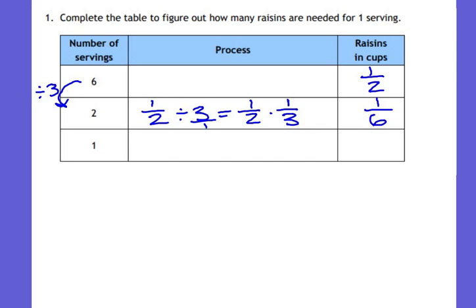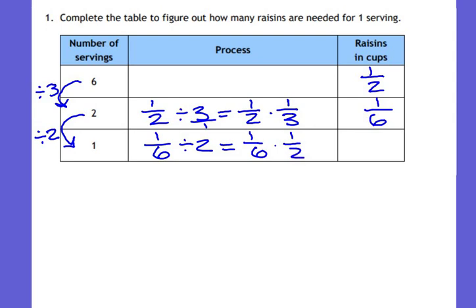I need to look at when it serves 1 person, so I'm still not done. So 2 to get to a 1 is dividing by 2. So she's going to take this 1/6 and divide it by 2. But we don't divide by fractions. We multiply by the reciprocal because we're smart 7th graders.